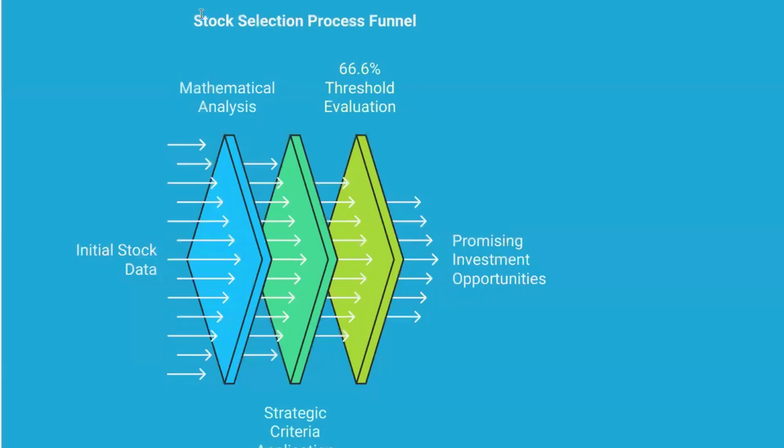So, the stock selection funnel, how it is done. Initially, we get the stock data, that is the closing price of the stock. Next is the strategic criteria application, the 66.6% evaluation.